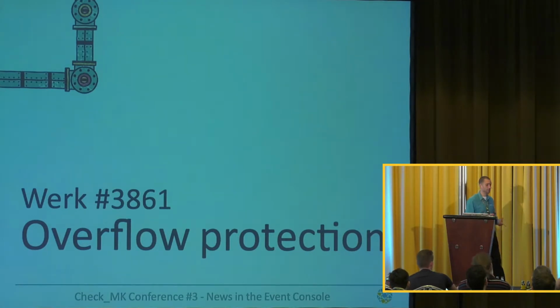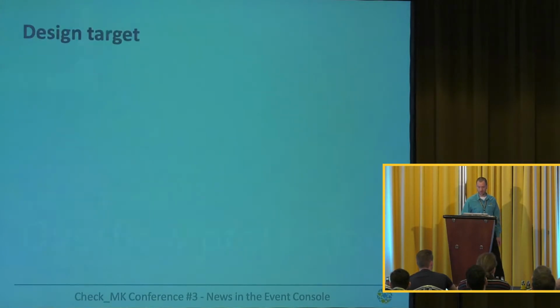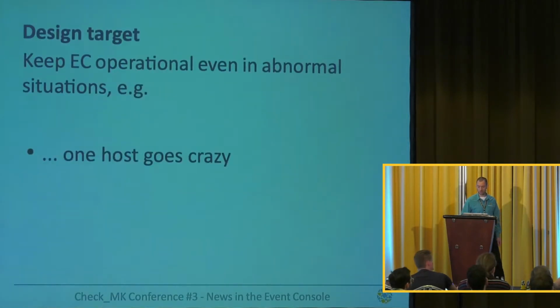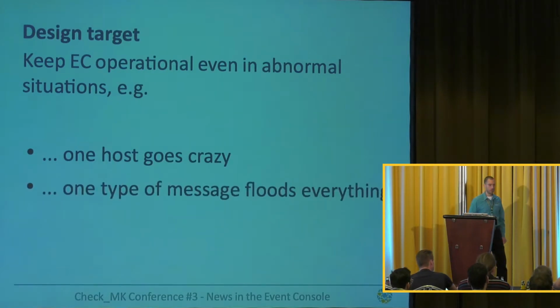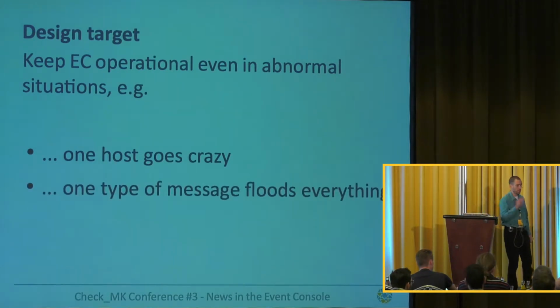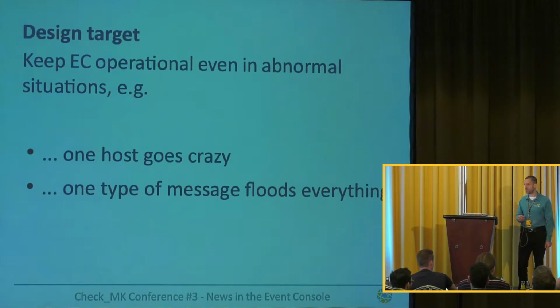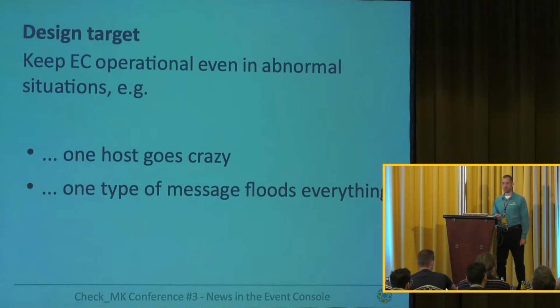And what you don't want to do is make sure that the event console is then blind to all different events. What we want to achieve is that if we have a situation that's not normal like that, if a host is going crazy or something like that, or if in the whole network all the switches say something strange every second, something happened, 1,000 devices tell you the same notification over and over again, the event console has the possibility to really work on a lot of notifications per second, but it can only save a certain amount.